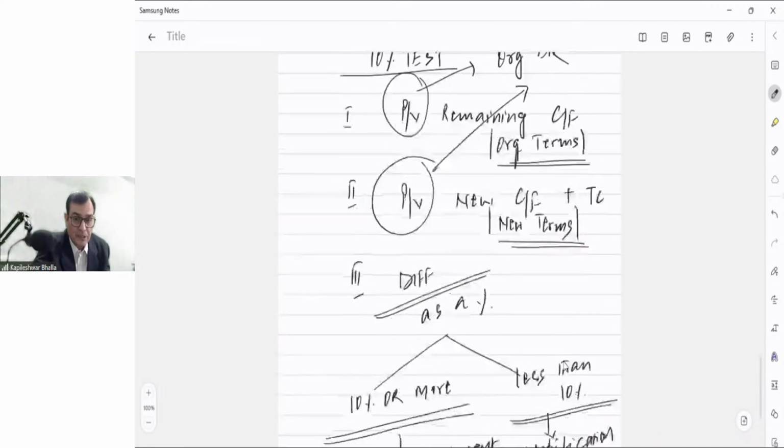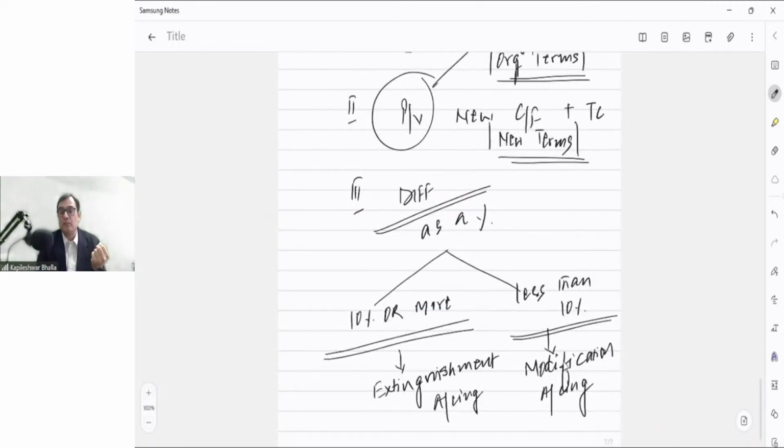If the percentage variation in the cash flow is more than 10%, the standard says we need to go in for extinguishment accounting: remove the existing liability from the books of accounts and recognize a new liability in its place. If the result is less than 10%, we are supposed to use modification accounting, which does not mean removing the financial liability from the books of accounts, but there will be some adjustments which will be done.